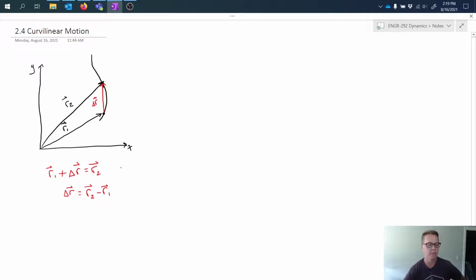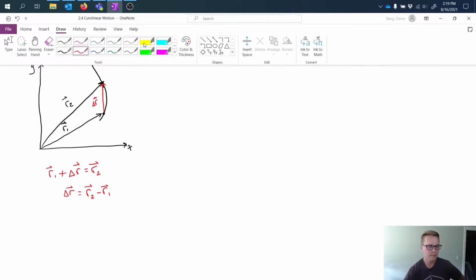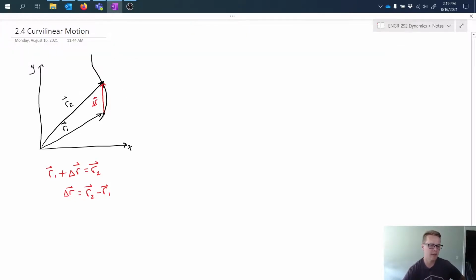Another way to look at this is that if I knew more information about this path, or maybe I had more snapshots, more points in time, more data, I might know that my particle travels along a path that looks something like this. I'm going to call this delta S, a change in position. Sometimes we might look at this as an arc length, for example.